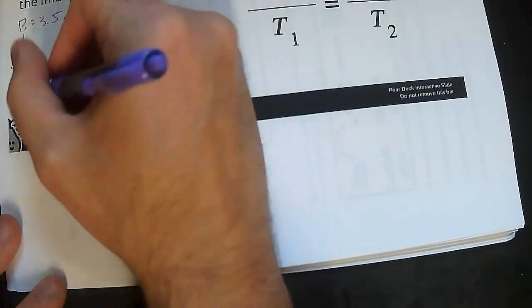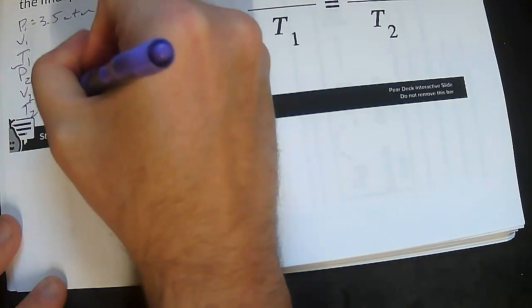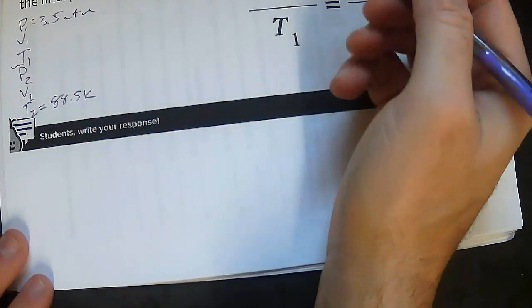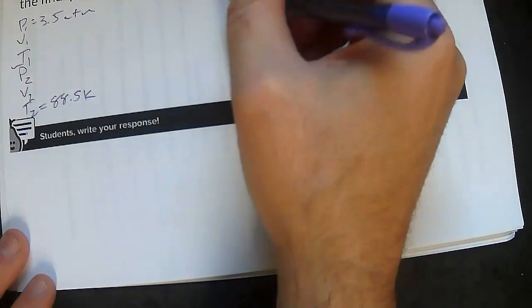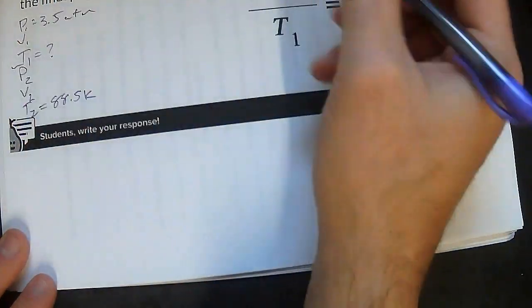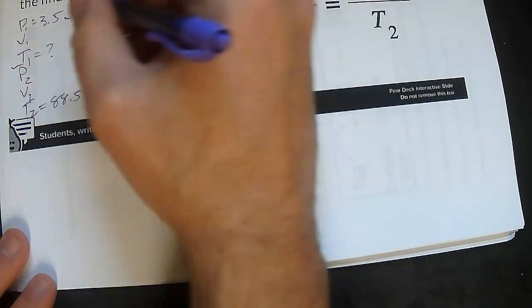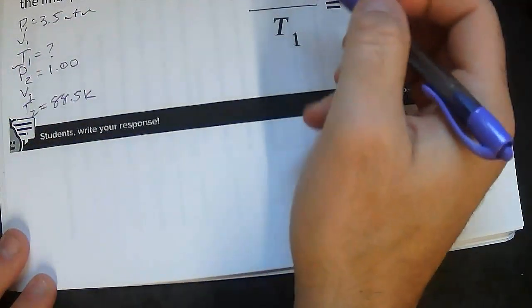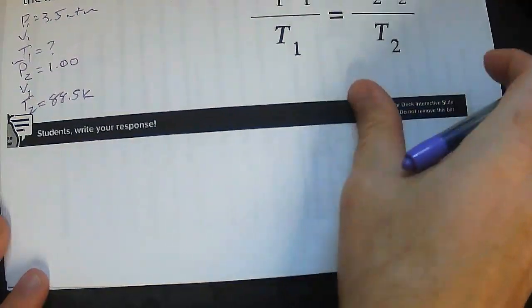It started somewhere and it is then reduced to 88.5 Kelvin. So we have to make sure that we do that. This says, what is the initial temperature if the final pressure is 1.00? So notice it doesn't say anything about constant volume.